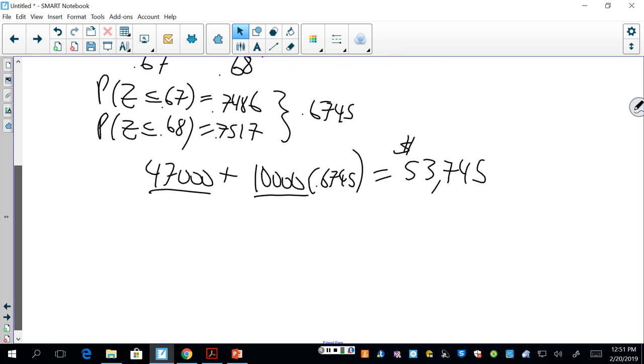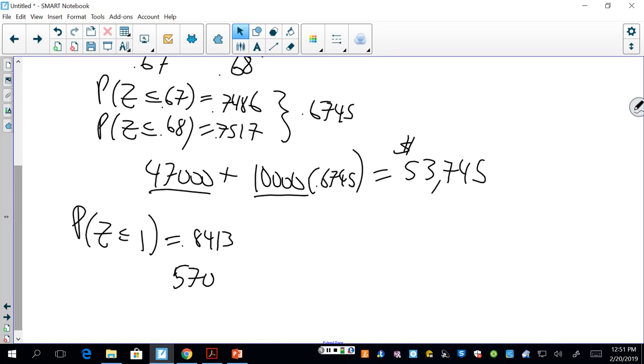The probability that a standard normal is less than or equal to 1, if you look up 1.0 on here, is about 0.8413. So a little bit more. If you took $57,000, that's about the 84th percentile. The normal is a little bit more concentrated.